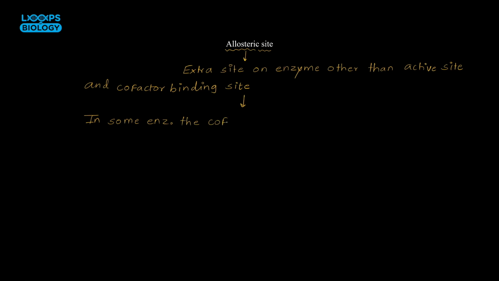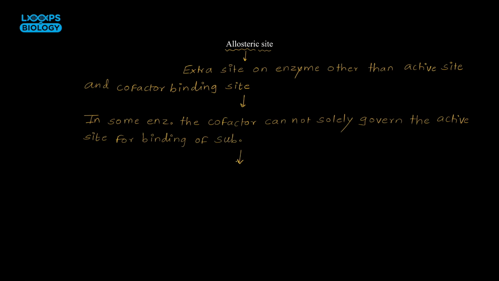So in some enzymes, the cofactor cannot solely govern the active site for binding of substrate. In such cases, the enzyme has one more site, that is nothing but the allosteric site.